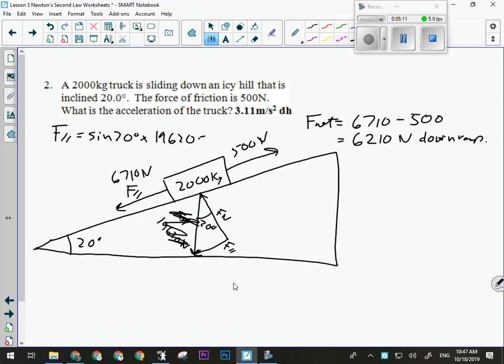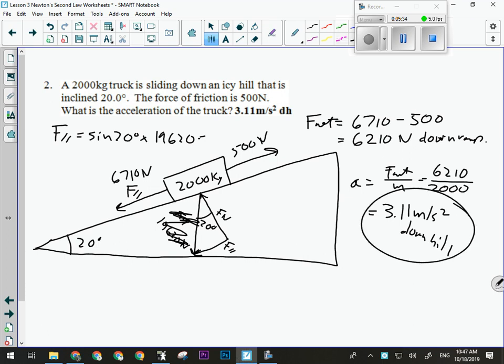And now I can calculate my acceleration. Okay, acceleration equals F net divided by m. Okay, 6,210 divided by 2,000 kilograms gives us 3.11 meters per second squared downhill.